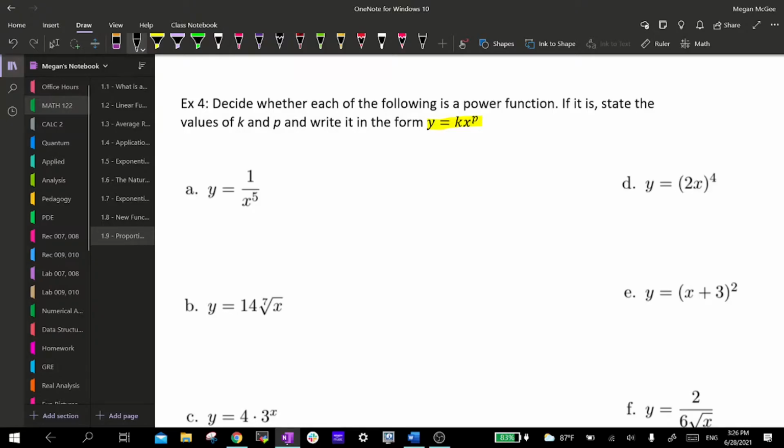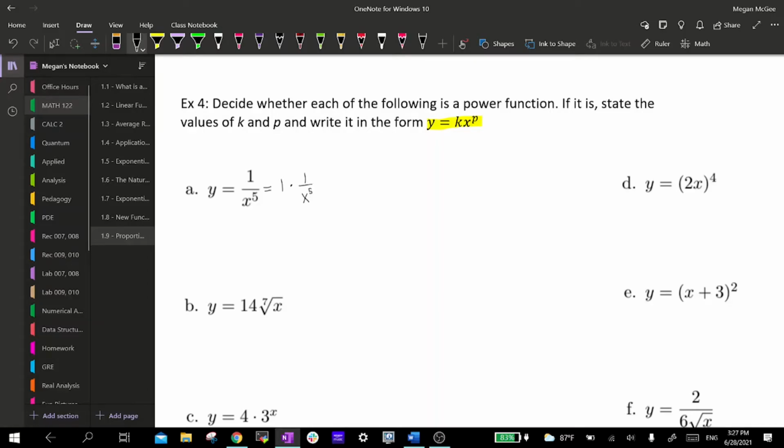Well, let's just rewrite this a few ways to see if we can get it to look like our highlighted equation. I'm going to go ahead and claim that this is a power function, and we're going to find that out in just a second. So we can rewrite this as 1 times 1 over x to the 5th, right?